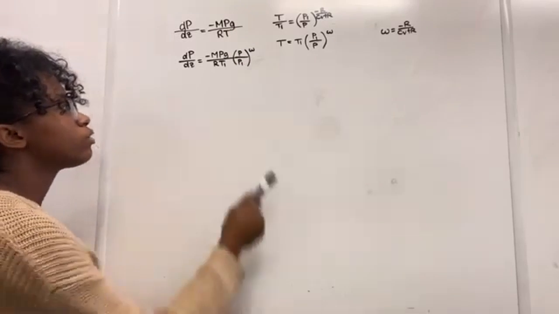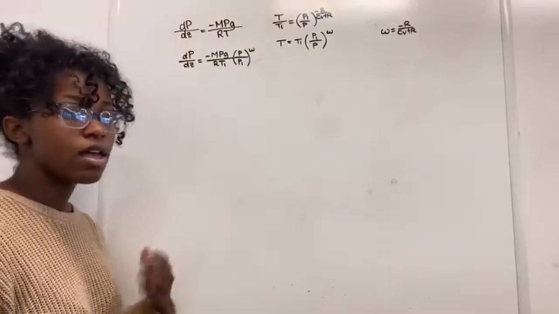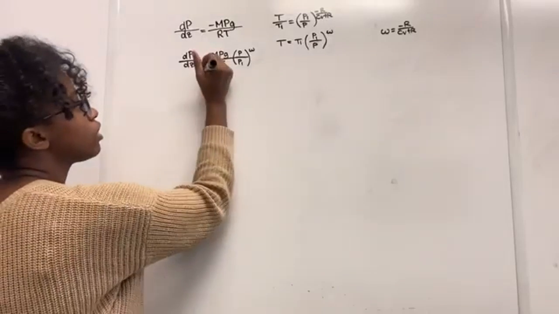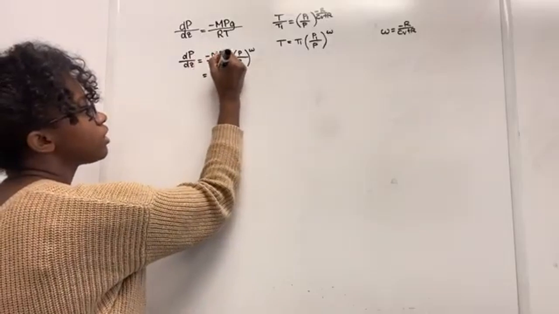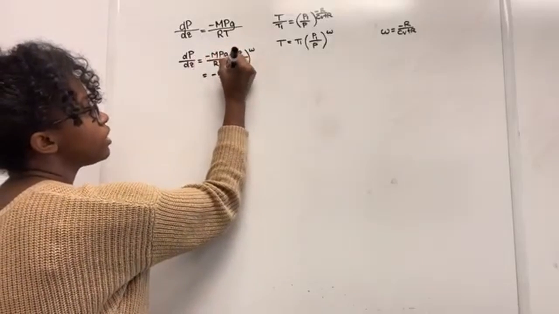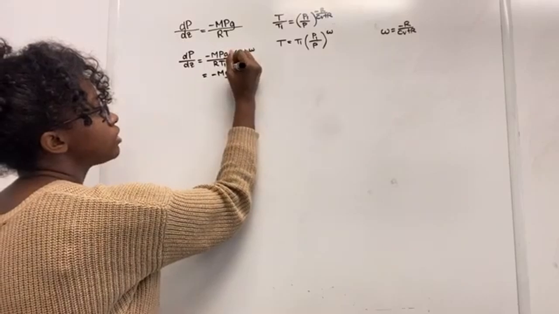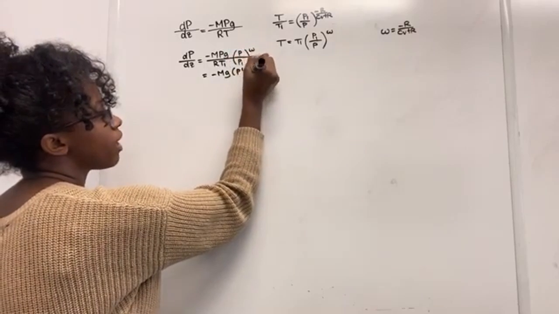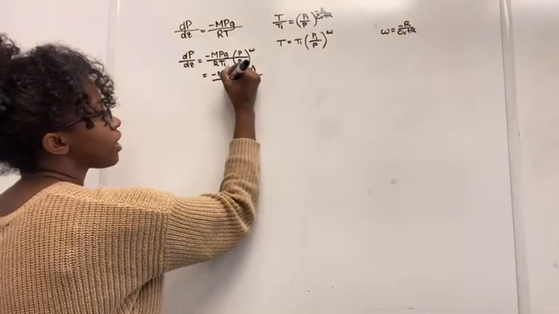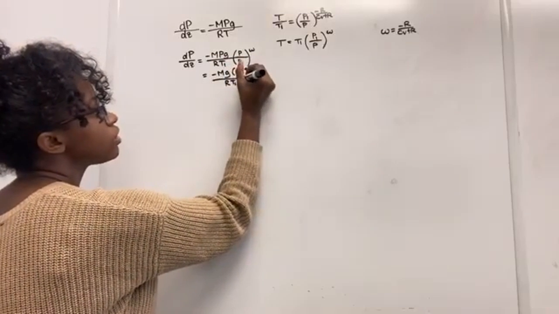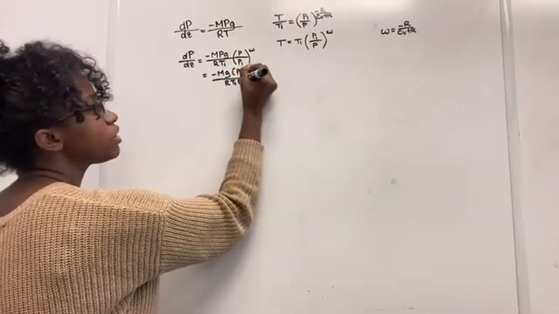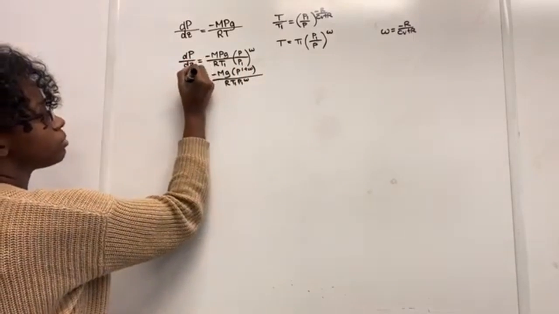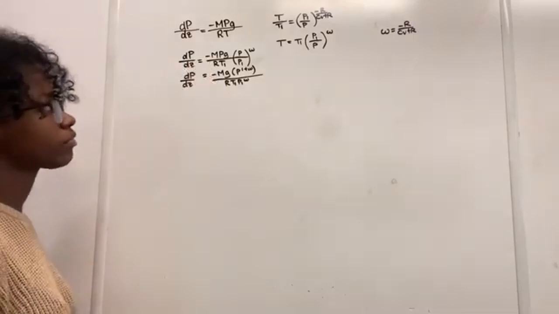And so you'll notice we already have a P term in the numerator, so I'm just going to combine the two, which will give us negative M times G times P to the 1 plus omega power divided by R times T1 times P1 also to the omega power, and this is still equal to dP over dZ.